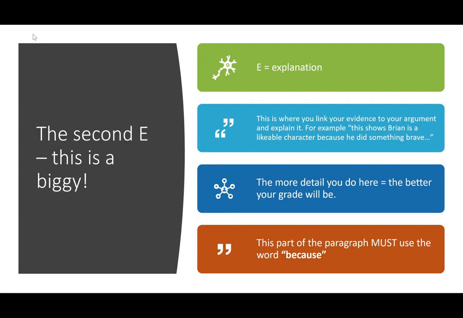Then explanation. So explanation is basically going to determine your grade. So if you think about the essay questions, you have to describe and explain. By stating a point, describing the event, and giving a quote, you've described. All right, you've fulfilled that part of the criteria. That part of the question is addressed.